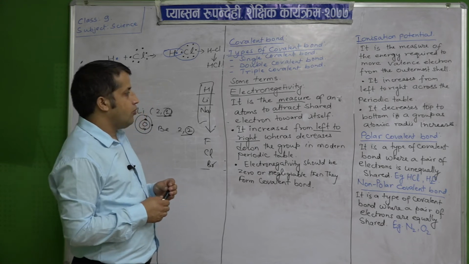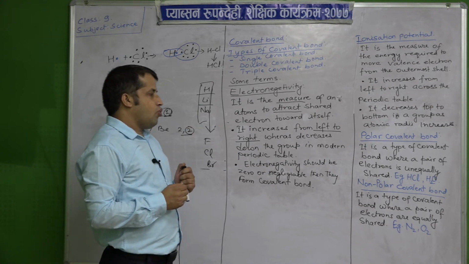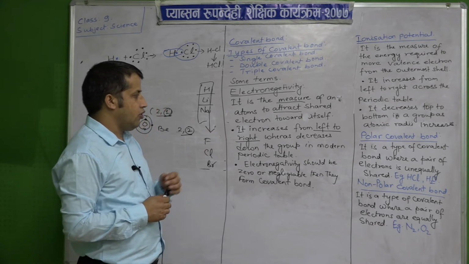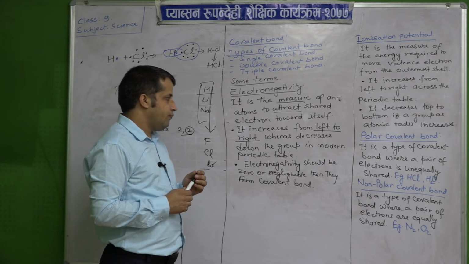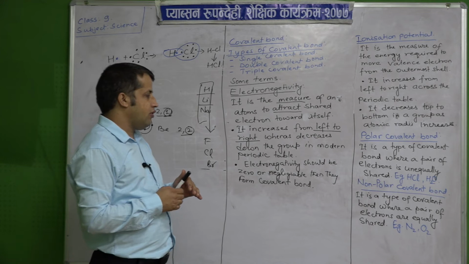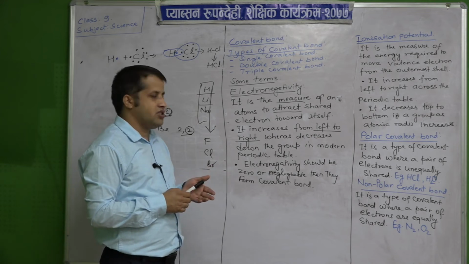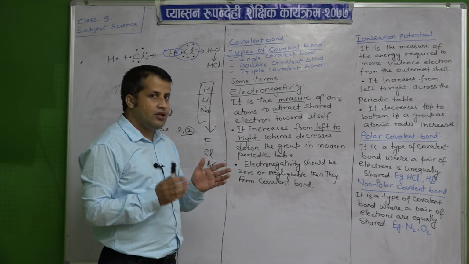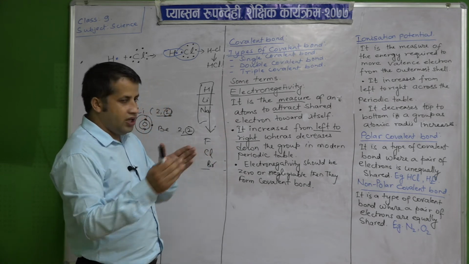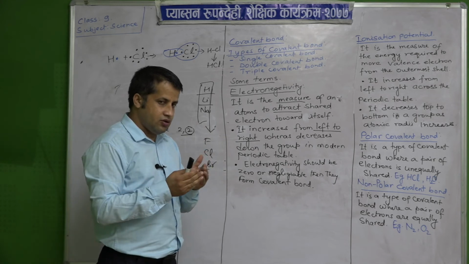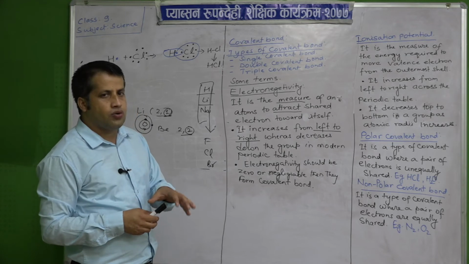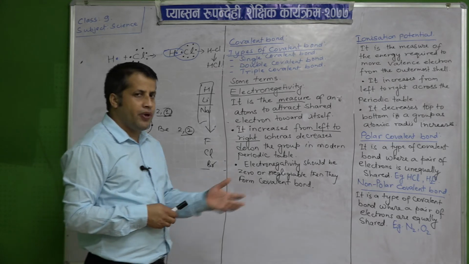About the polar covalent bond, we can see the definition on the board. It is a type of covalent bond where a pair of electrons is unequally shared. Both atoms are sharing electrons, but one of them has more electronegativity compared to the other.